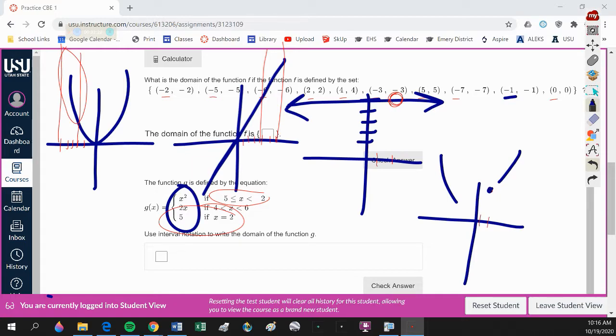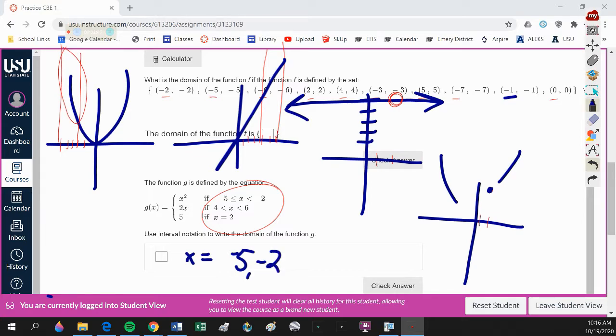Okay. So it wants to know what the domain of the function is. Well, that's really easy. They told us. It's right here. So the domain is going to be x equals from -5 to -2. Does -5 count? It says equal to, so yes, bracket.